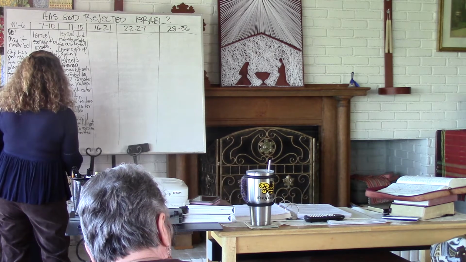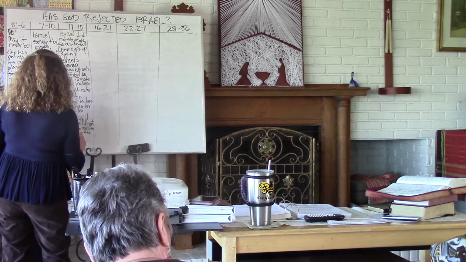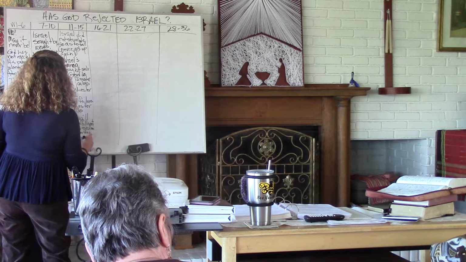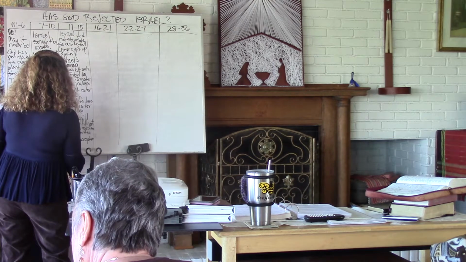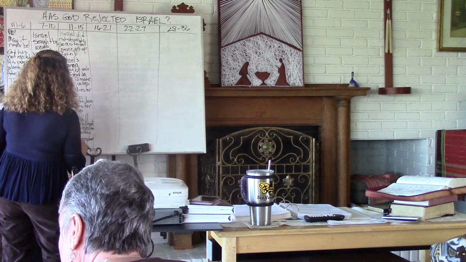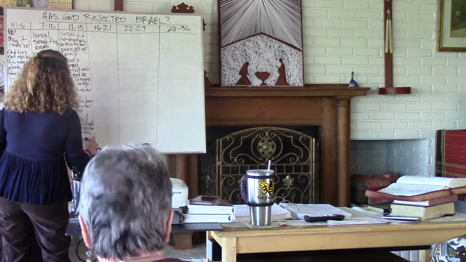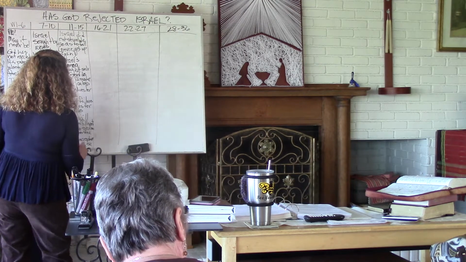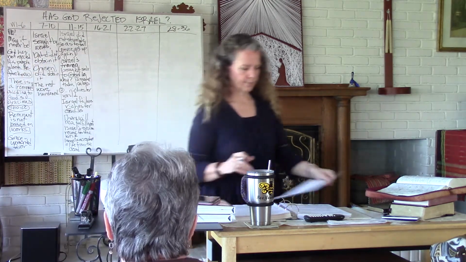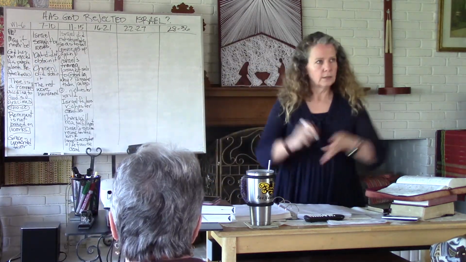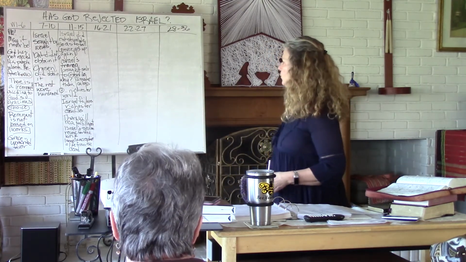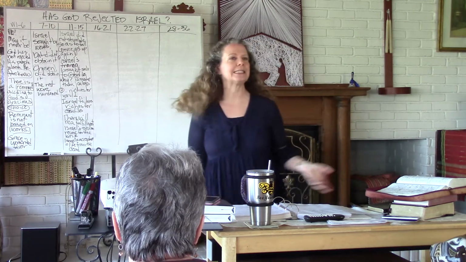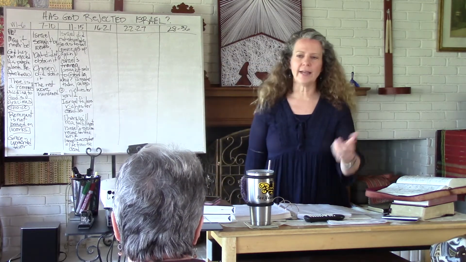Then the opposite, what will happen if Israel's acceptance will be what? Life from the dead. So you have those two side by side. Israel's rejected and it results in reconciliation for the world, but their acceptance is going to be life from the dead.